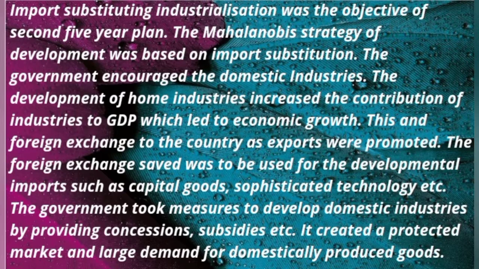The Mahalanobis strategy of development was based on import substitution. The government encouraged the domestic industries. The development of home industries increased the contribution of industries to GDP, which led to economic growth. This earned foreign exchange to the country as exports were promoted.